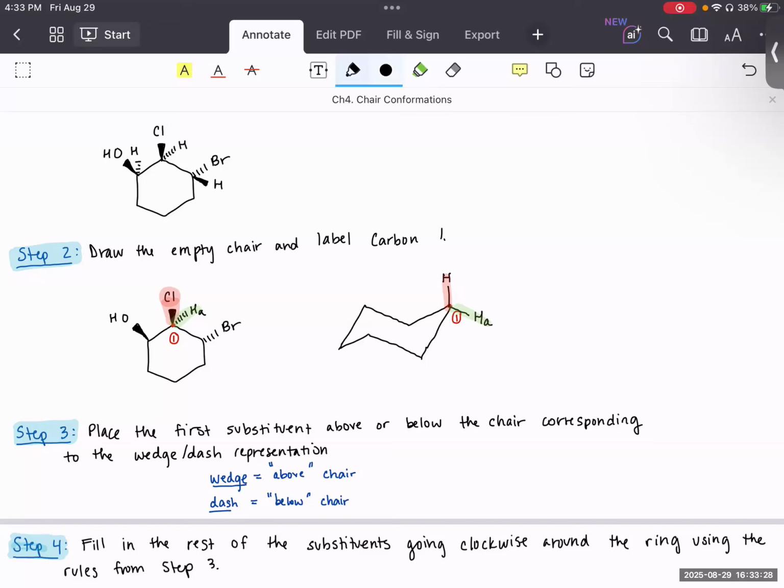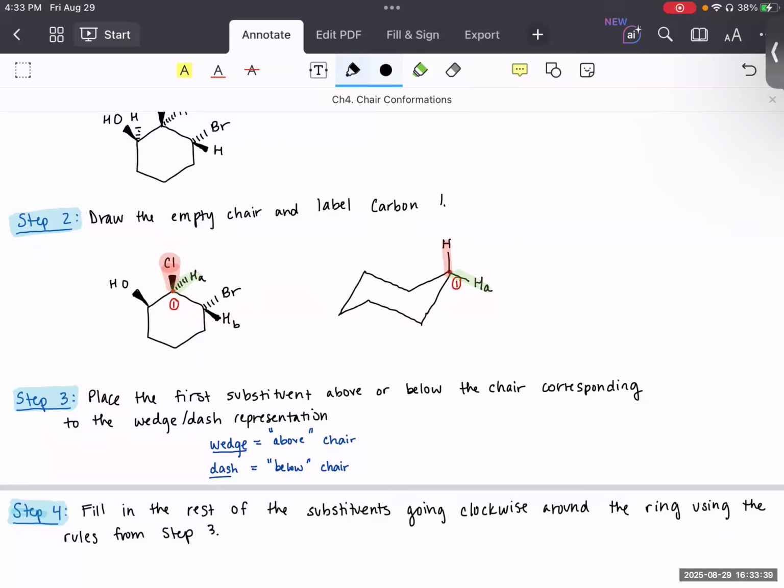All right, next we can do that bromine. So we have a dashed bromine and a wedged hydrogen B. To fill in that next group, which is now step 4, we move clockwise over 1 carbon. In that first structure, we're on carbon 1 in the top right. Now we're going to be on carbon 2, which is going to be that bottom right one. We're moving over 1 on each structure. For this, we have to still follow the same rules that a wedge is above the chair, a dash is below.